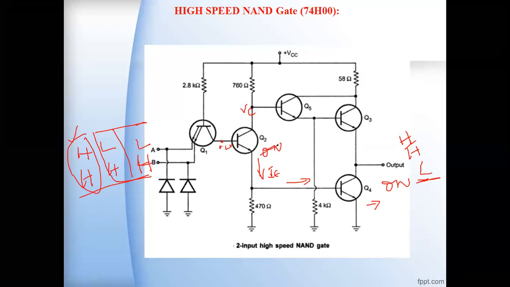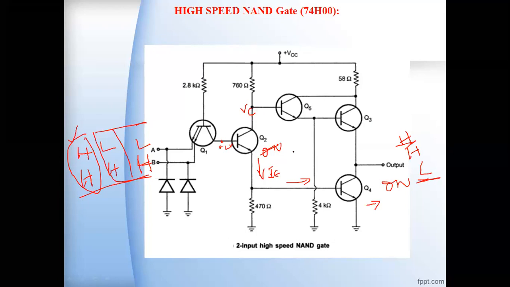Since Q2 is off, the collector voltage of Q2 is raised to approximately the VCC value, or maybe a moderate value, say around 3 volts also. This 3 volts will drive the transistors Q5 and Q3. When Q3 is turned on, the output is pulled up to the high state. So this is the circuit description for the high speed NAND gate.